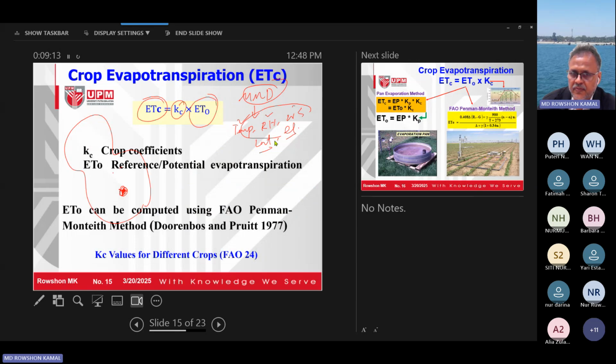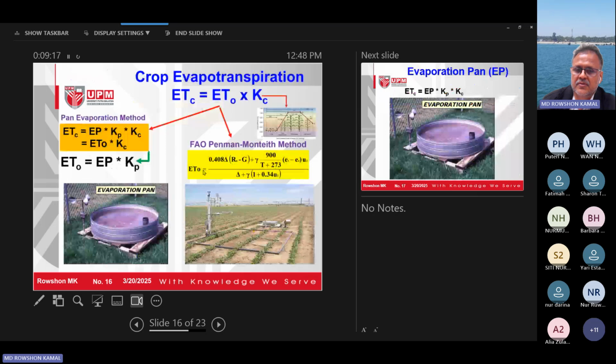Once you have these five data, you can calculate the ETO, then find the ETC. The Kc value is given, and you can find it in this graph.